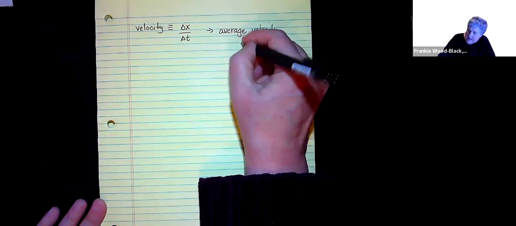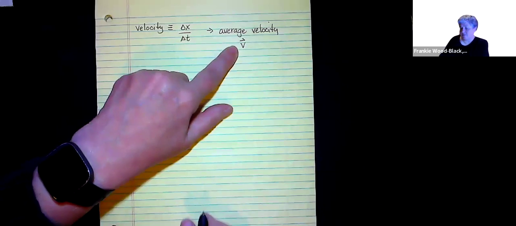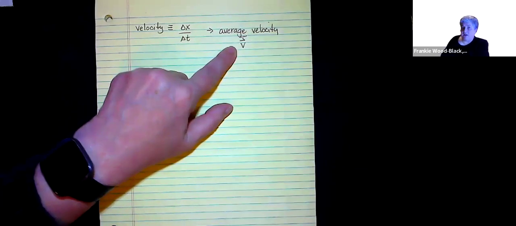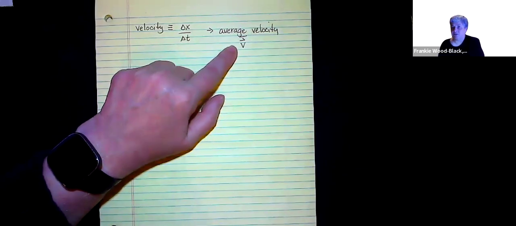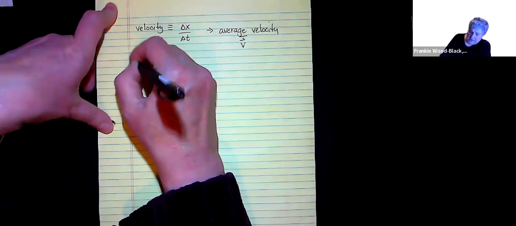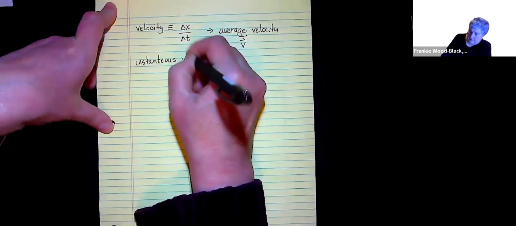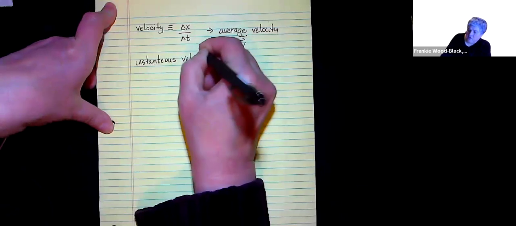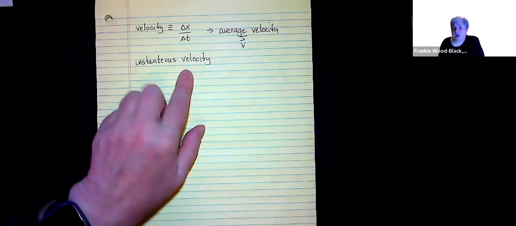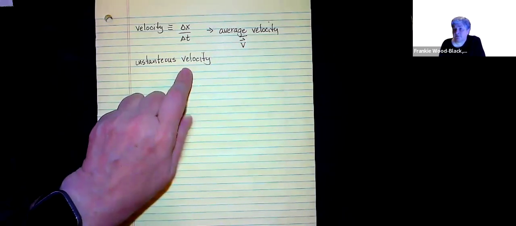When we talk about an average velocity, I can represent it with my vector symbol and put a line across the top. Typically, we're not going to do that, but we can. And then I can also do an instantaneous velocity. You can think about an instantaneous velocity as whatever you're reading on your speedometer in your car.